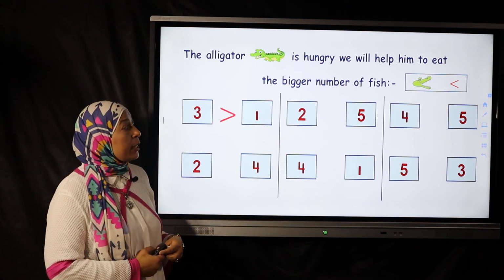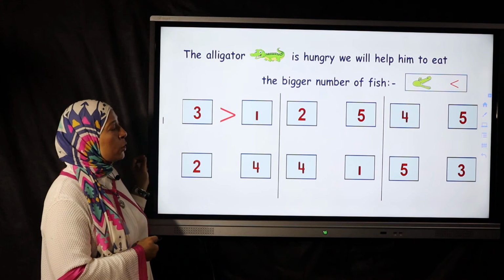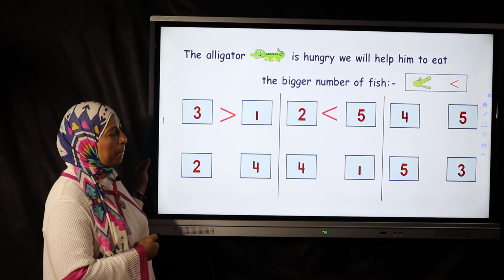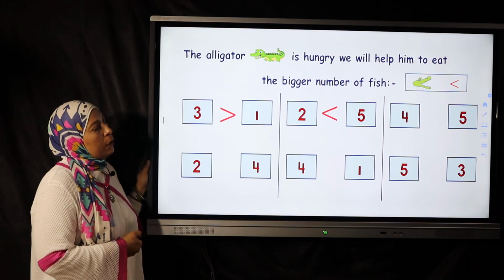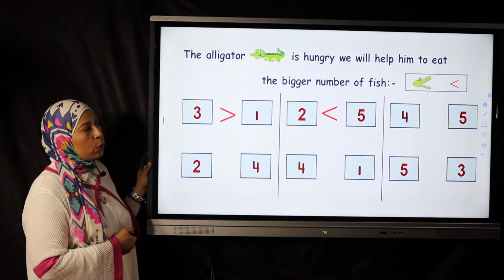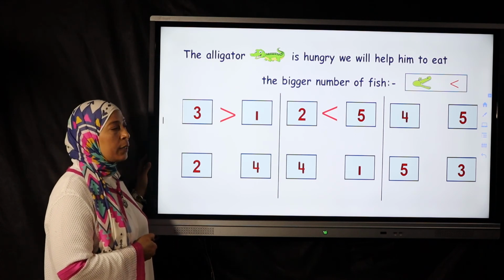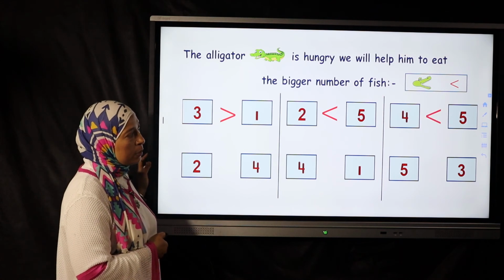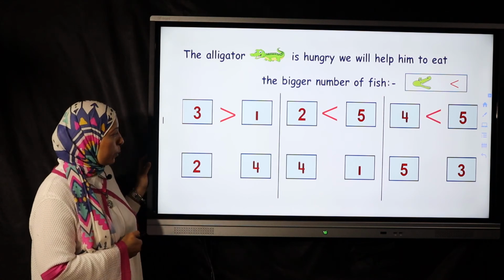Which one is bigger? Excellent. 5 is more than 2, so it's going to open its mouth to the bigger number. The last one we have, yes, read it. Excellent. We have 4 and 5. Which is bigger, 4 or 5? Excellent. 5 is bigger, so he opens his mouth to the bigger number.